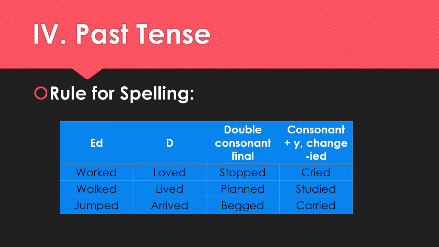For example, cry, cried, try, tried, help, helped. In a one-syllable verb with a double final consonant, add ed, for example, stopped, planned, referred.